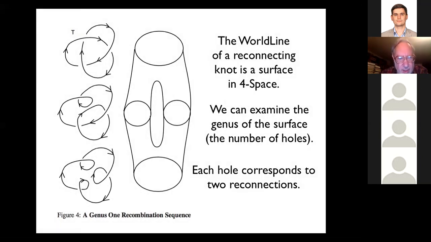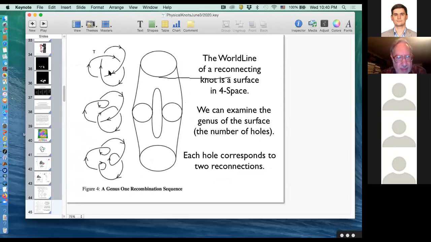Here is an example of such a sequence for the trefoil knot. And here I've shown exactly where I did my work. Let me allow myself a pointer by going out of the slideshow for a moment. Here's the trefoil knot, and I'm going to have a reconnection happen right there, and then that will turn into this. And now I have a hop link, so I've gone, time is going down the page for me.